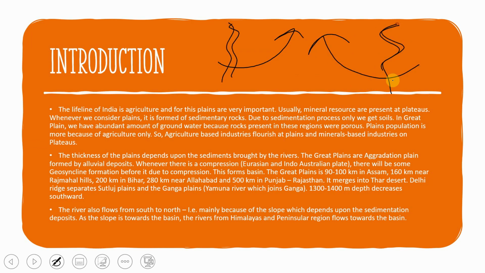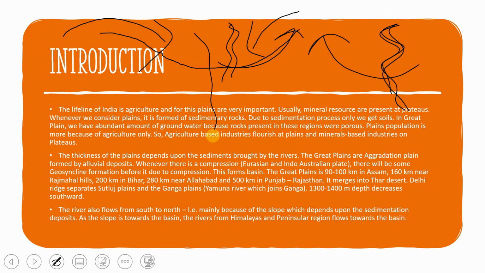That mark happens in the land, and this land gives the formation of your Great Plain. And that's why you will see the river flow: our southern rivers are also coming into this basin, and the northern rivers are also coming into this basin, and most of the rivers fall into your Bay of Bengal.